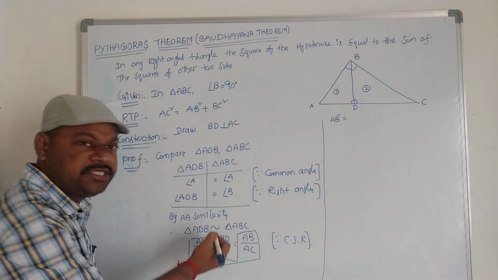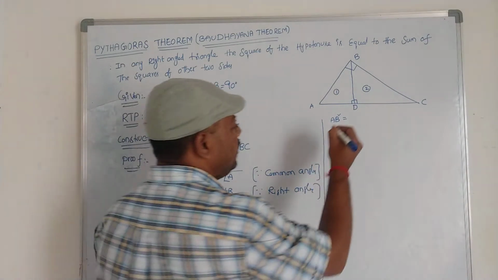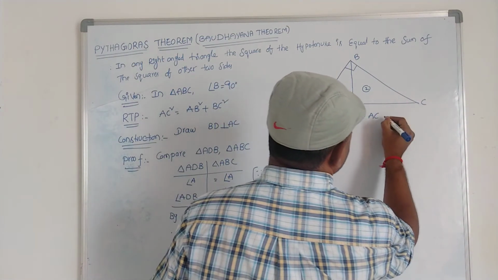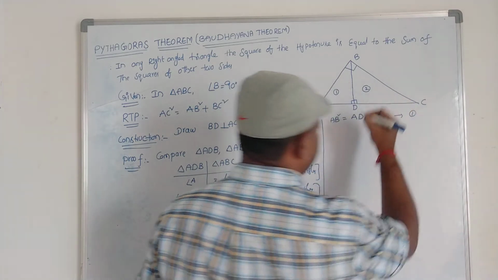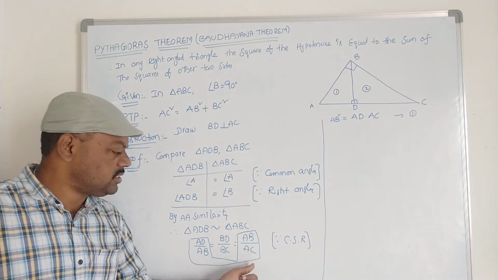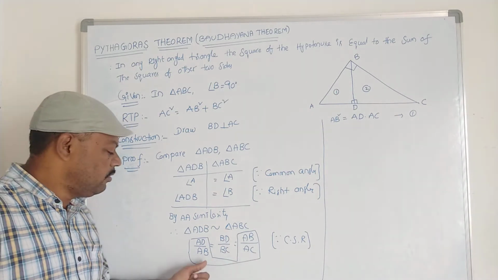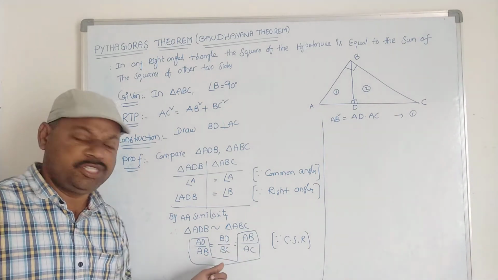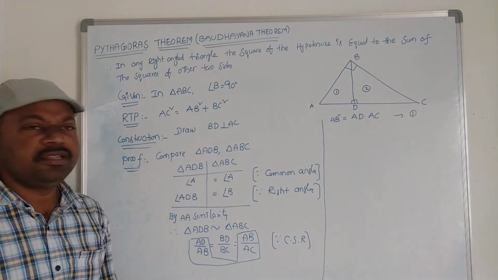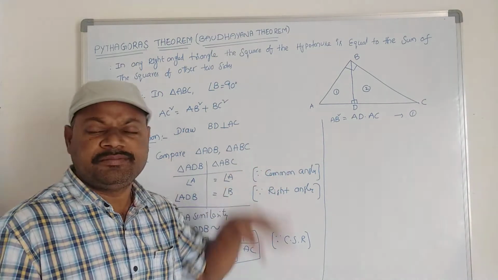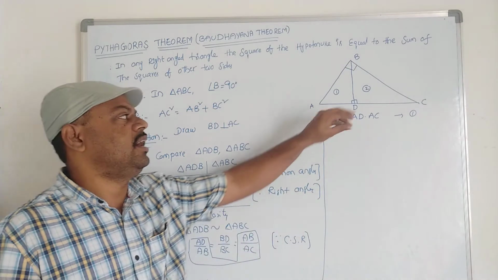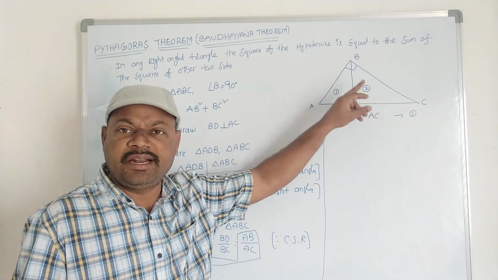This is equation number 1, suppose. We selected the first ratio and the last ratio, compared them, and took the cross multiplication: AB square equals AD into AC. That is the first equation.